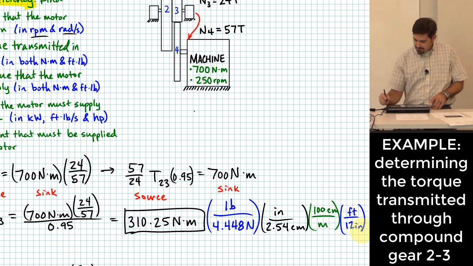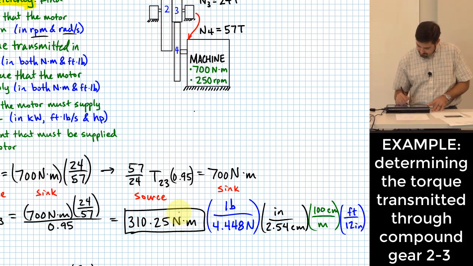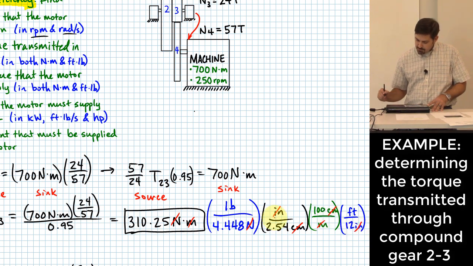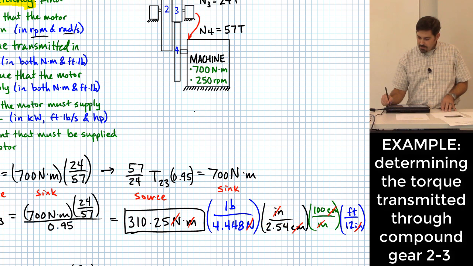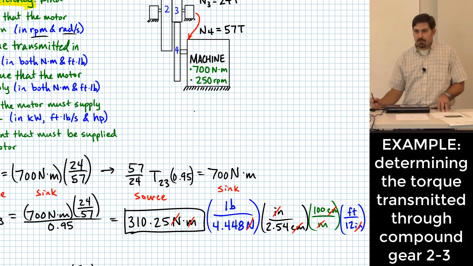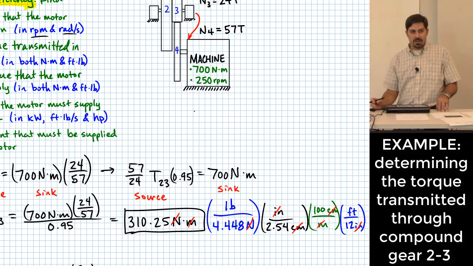Am I there yet? No newtons, no meters, no centimeters, right? I'm left with, oh, no inches. I'm left with foot-pounds, right? What I just did right there is the reason many of you are getting some of your questions wrong in homework and on tests.